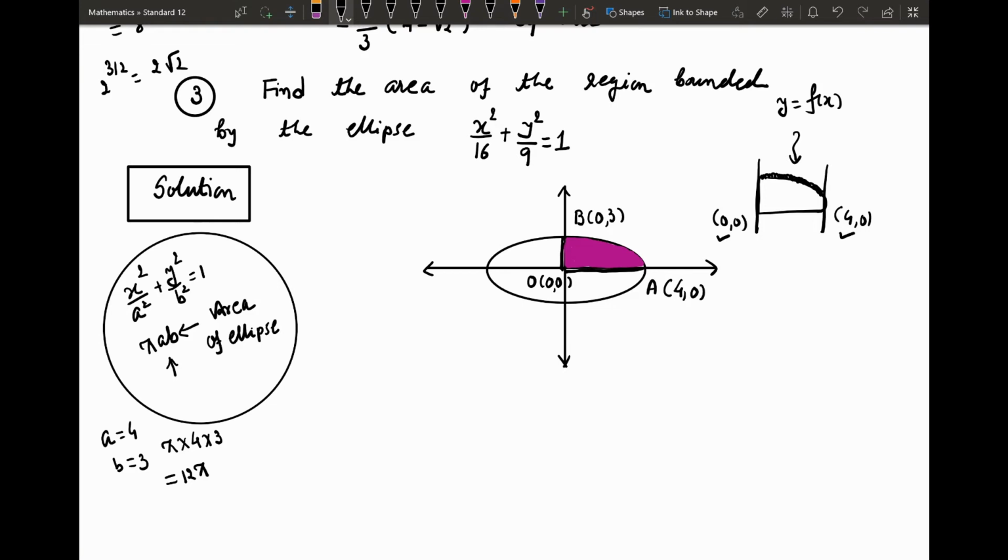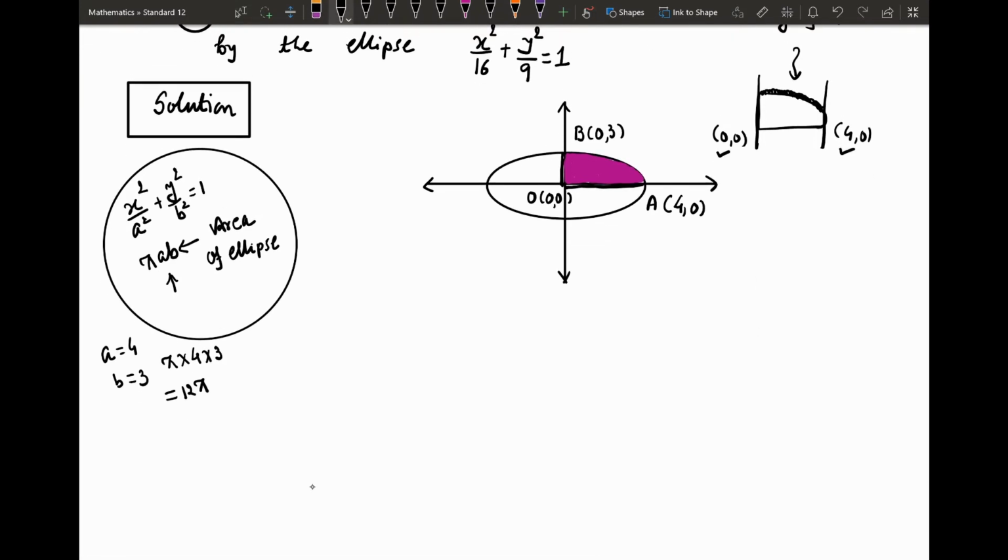So when we simplify the equation of the ellipse, x square by 16 plus y square by 9 equal to 1.